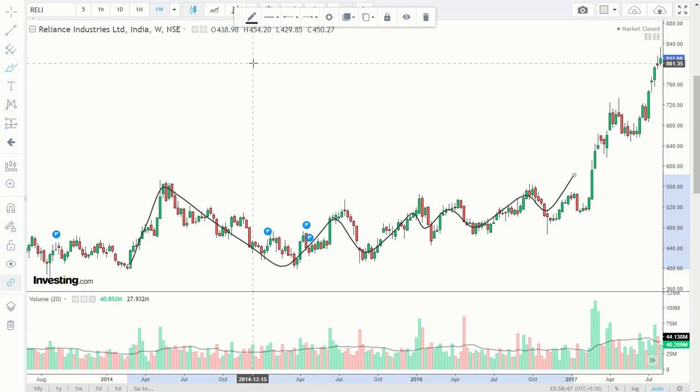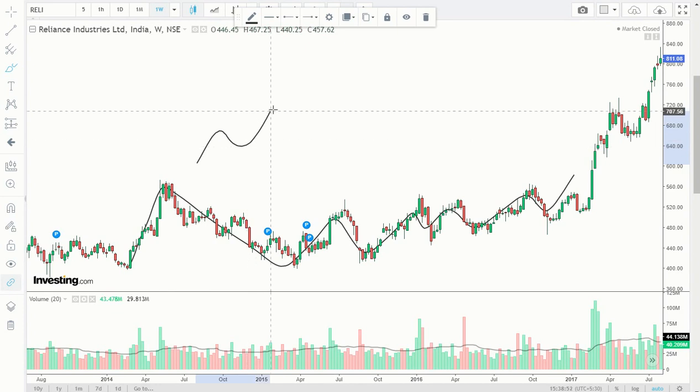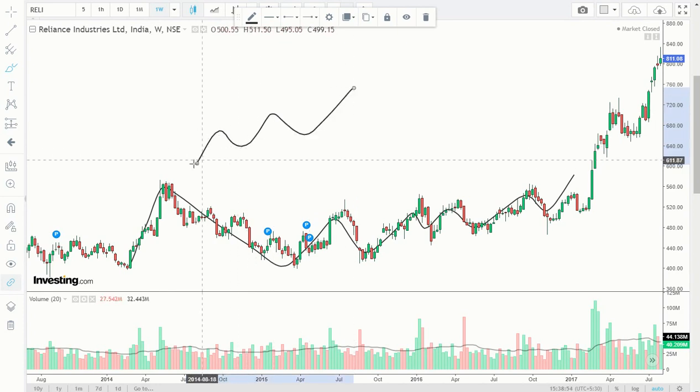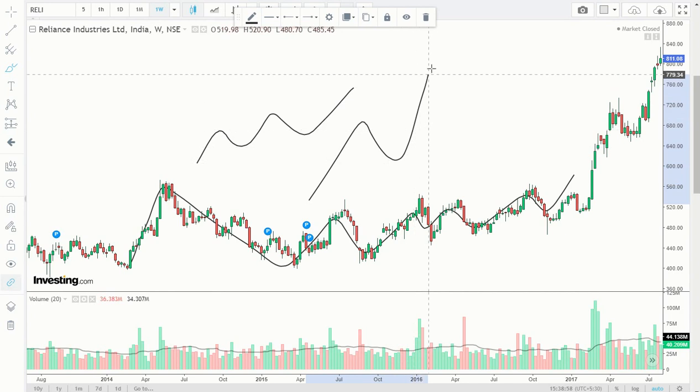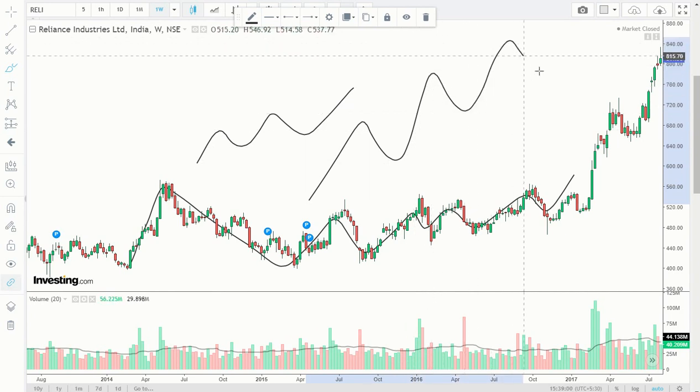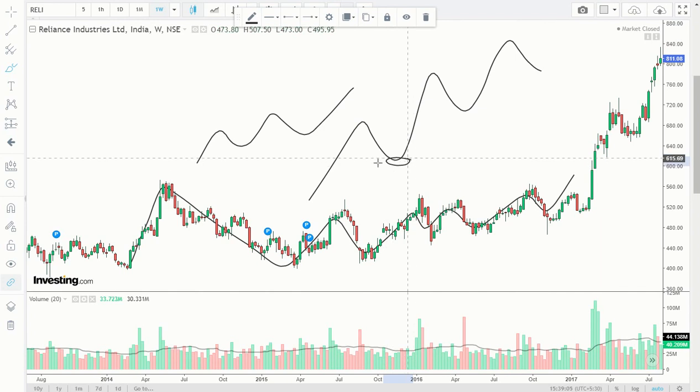Now, what a trend line says, as I also told in yesterday's video, is this: if prices are moving in an uptrend, it is going up, then coming down, then going up, then coming down. What you have to find is at what point it starts going up again after coming down.